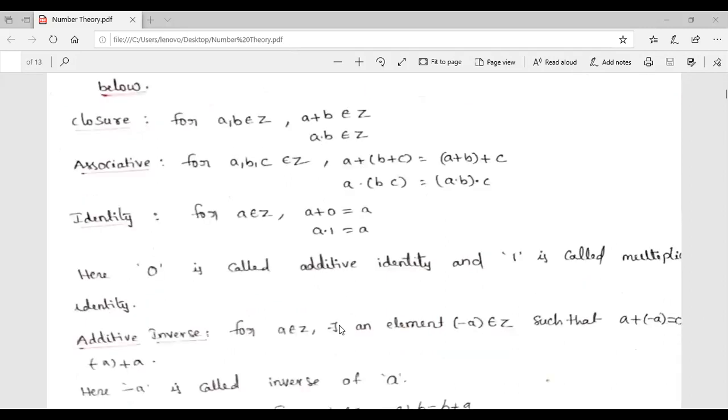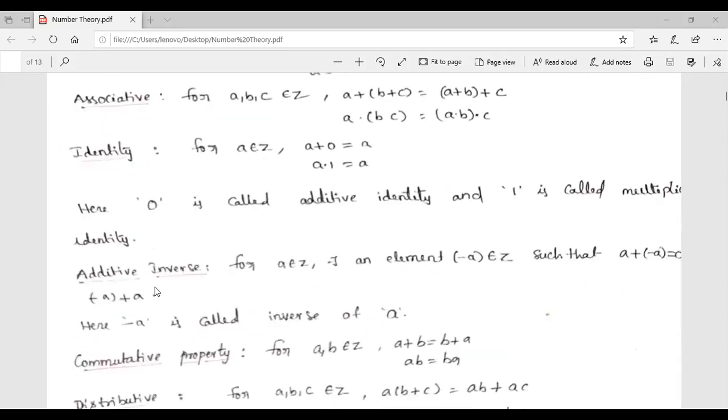Okay. So next one, additive inverse. So what is additive inverse? For a belongs to Z, let a be an element in the integer set, there exists an element minus a belongs to Z, meaning minus a is also an element in Z, such that the addition of these two elements a plus minus a is equal to 0. So here 0 represents the identity element.